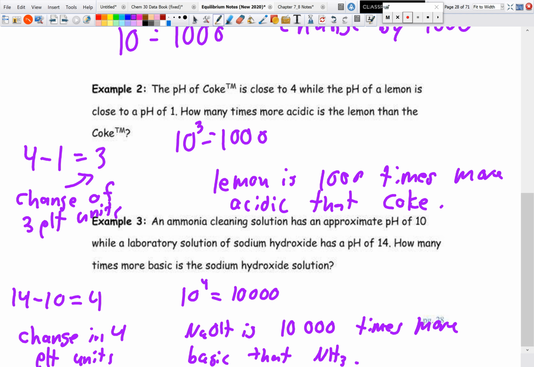And that is how we solve these practical problems if you are given those. So once again, keep this in the back of your mind. If you do the calculations that we're going to show you on the next page, then you can actually use hard numbers and figure out how many times more acidic or basic something is.